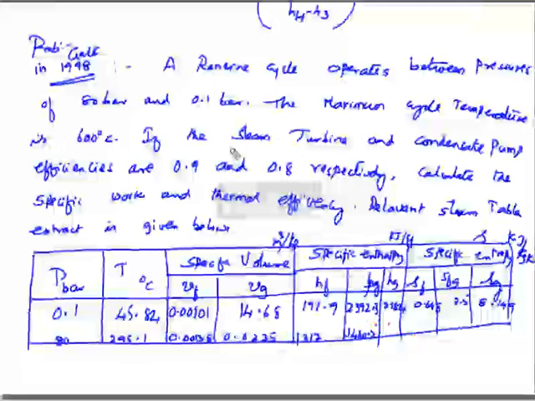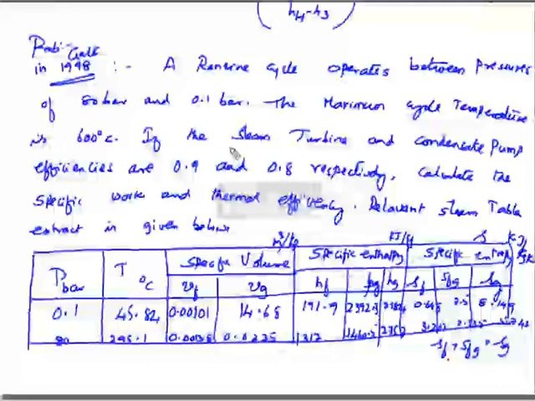Hf plus Hfg is obviously Hg, that is given as 2757. Sf is 3.207, Sfg is 2.535, Sg is 5.742.